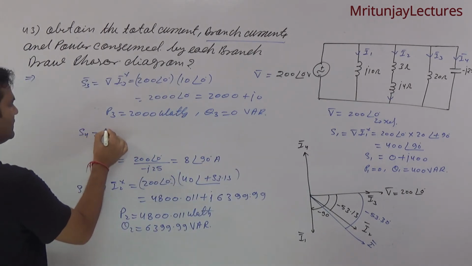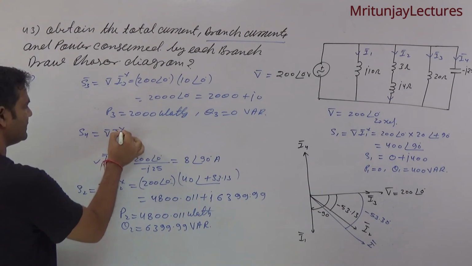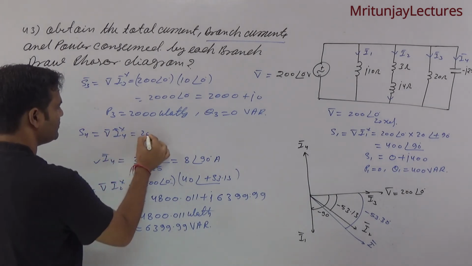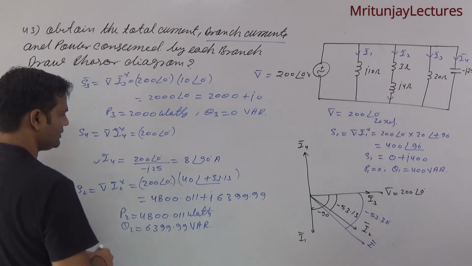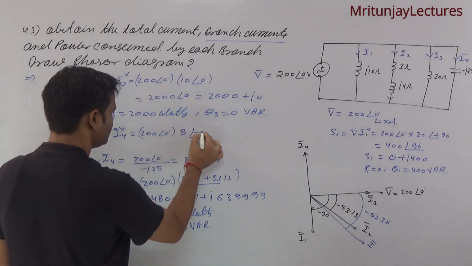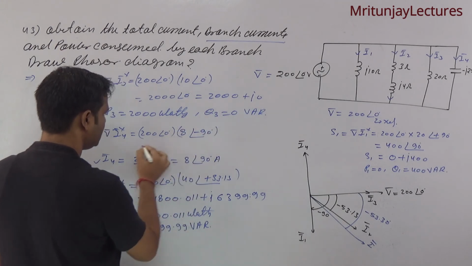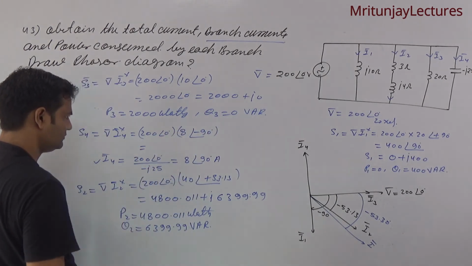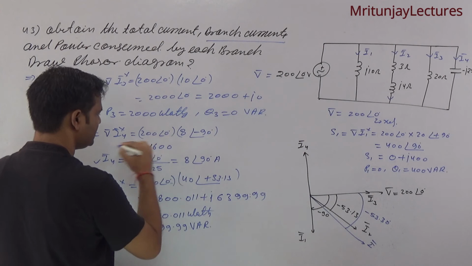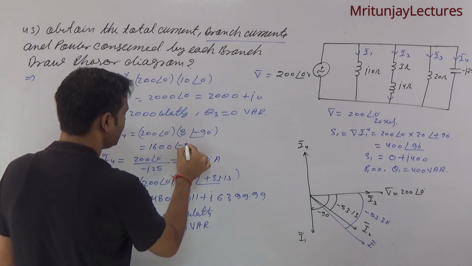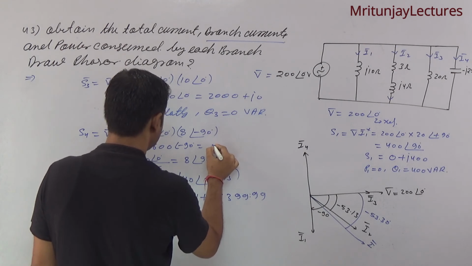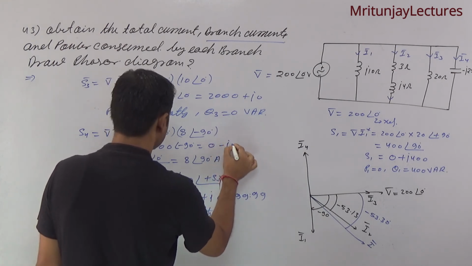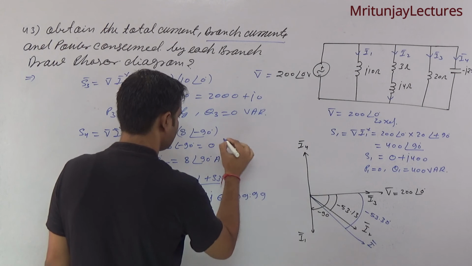Now next one, S4, that is V into I4 conjugate. V is 200 at the angle 0. I4 is 8 at the angle 90, and the conjugate of this is minus 90. So 1600 at the angle minus 90. It is written as 0 minus j1600.